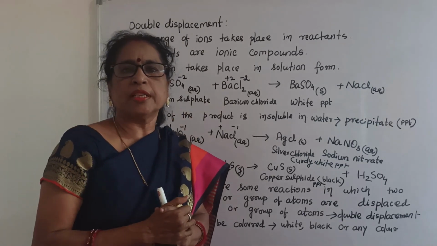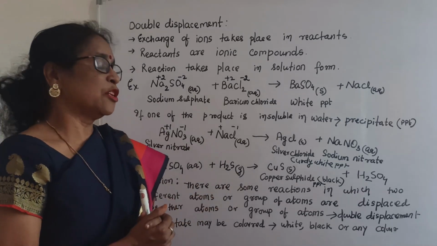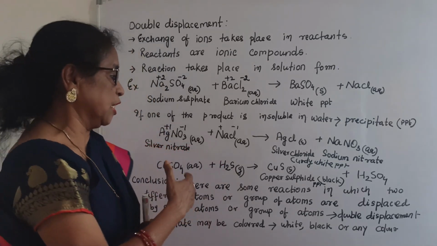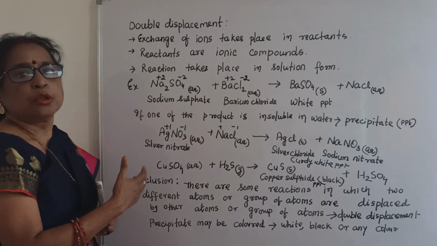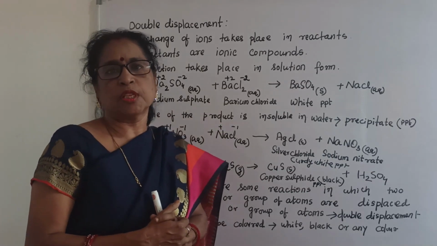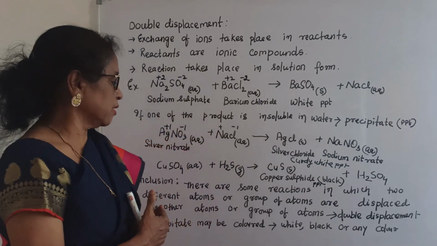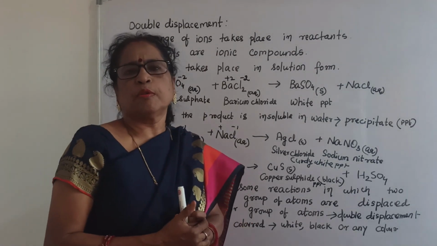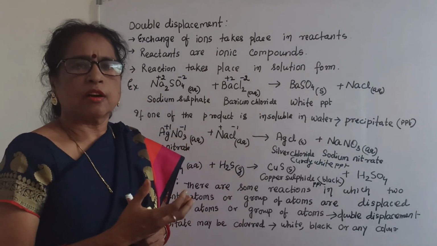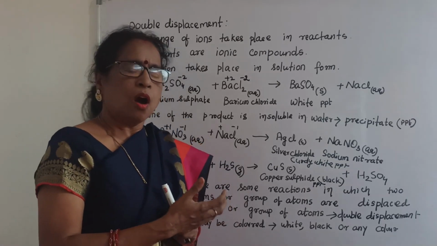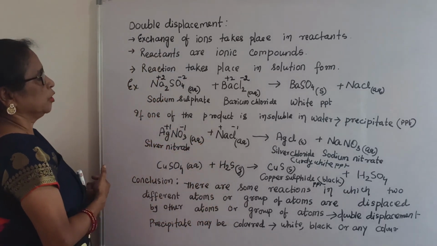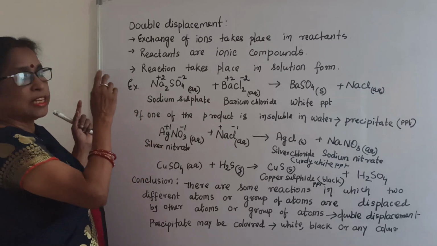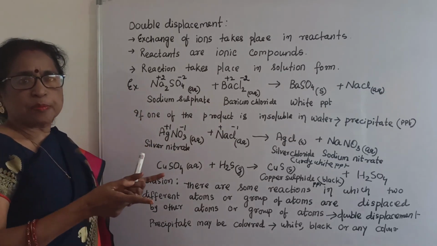Displacement reaction means there is some reaction in which two atoms or groups of atoms are displaced by other two atoms or groups of atoms, and they are generally always producing a precipitate, whether the color is white, black or any color. So I hope it is clear. Displacement reaction, double displacement reaction.